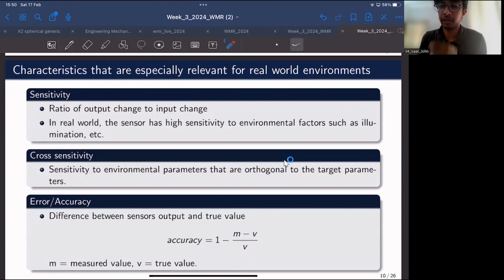If we take the orientation of a robot using magnetic sensors, it could be affected if something magnetic comes in the proximity of the sensors, and the entire thing can go disoriented, right?